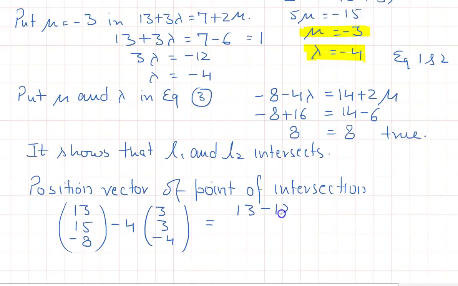So this is equal to 13 minus 12, 15 minus 12 and minus 8 plus 16. So that is equal to 1, 3 and 8.